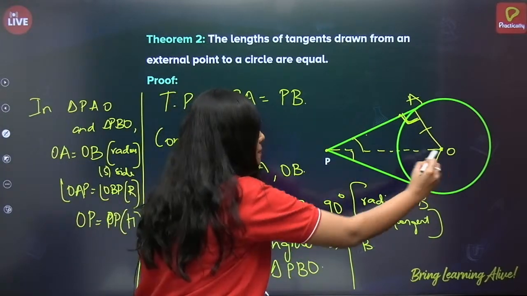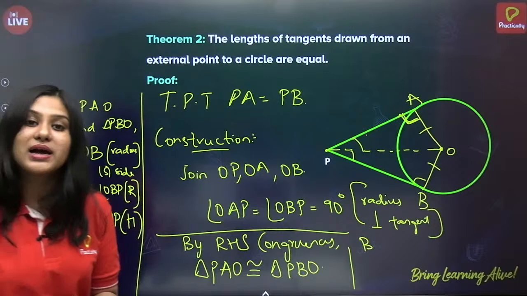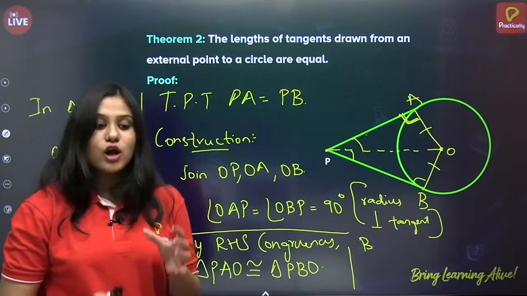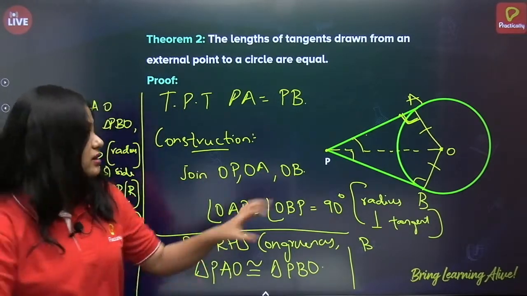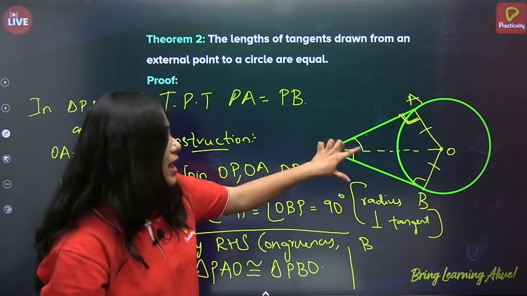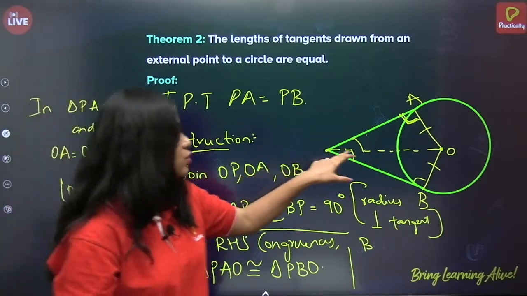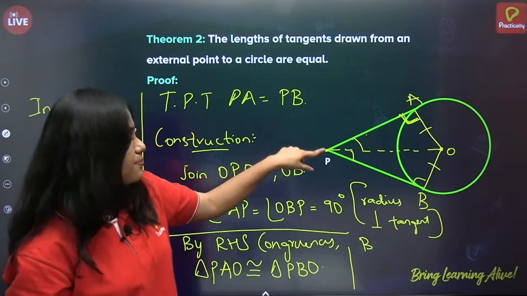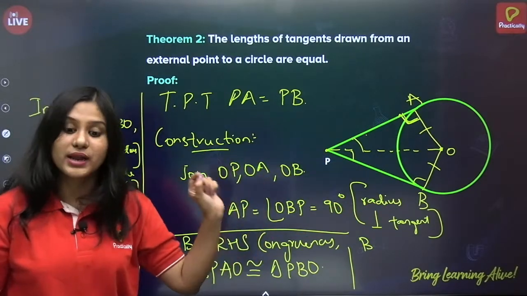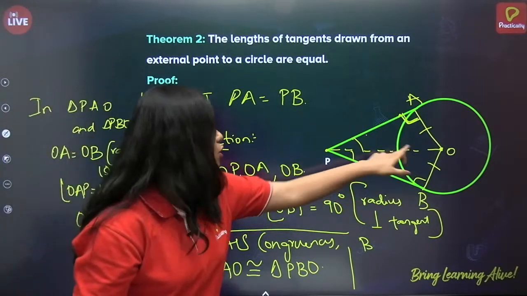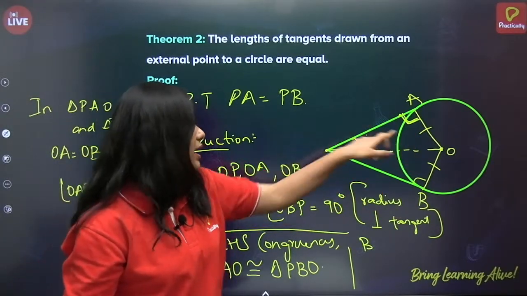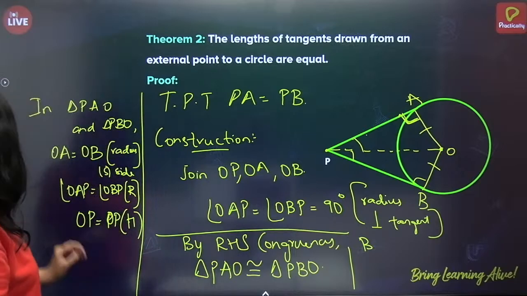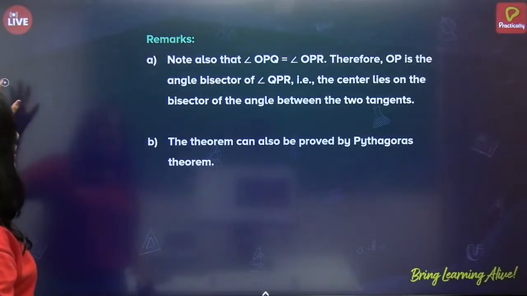So this OP will be the angle bisector, correct? What is meant by angle bisector? It means that these two angles are equal, right? This OP is the line segment which divides the complete angle APB into two equal angles. So, angle OPB is equal to angle OPA. Alright, so these are the remarks.